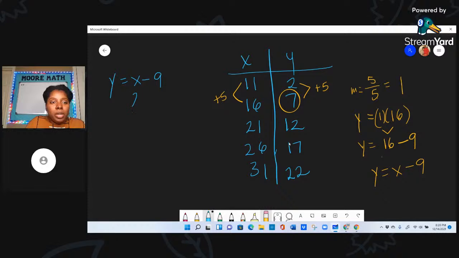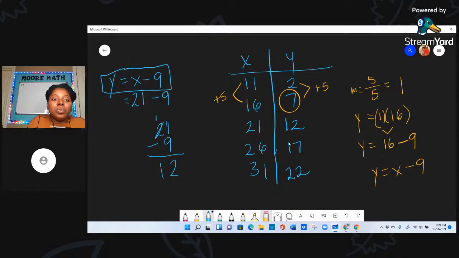Okay. So 21 minus 9, 12. There you go. Nice. So y equals x minus 9 does work.